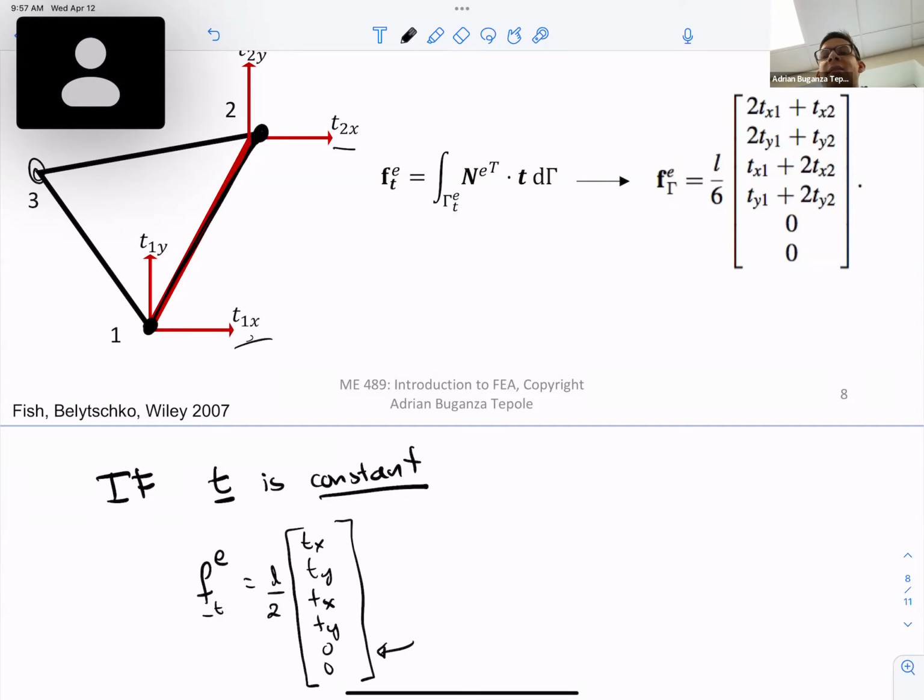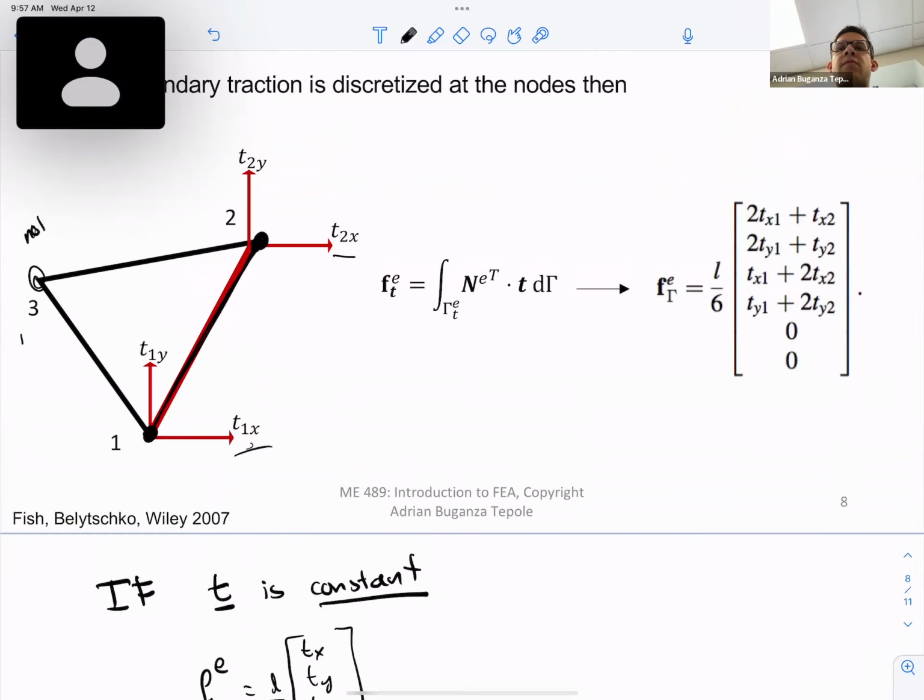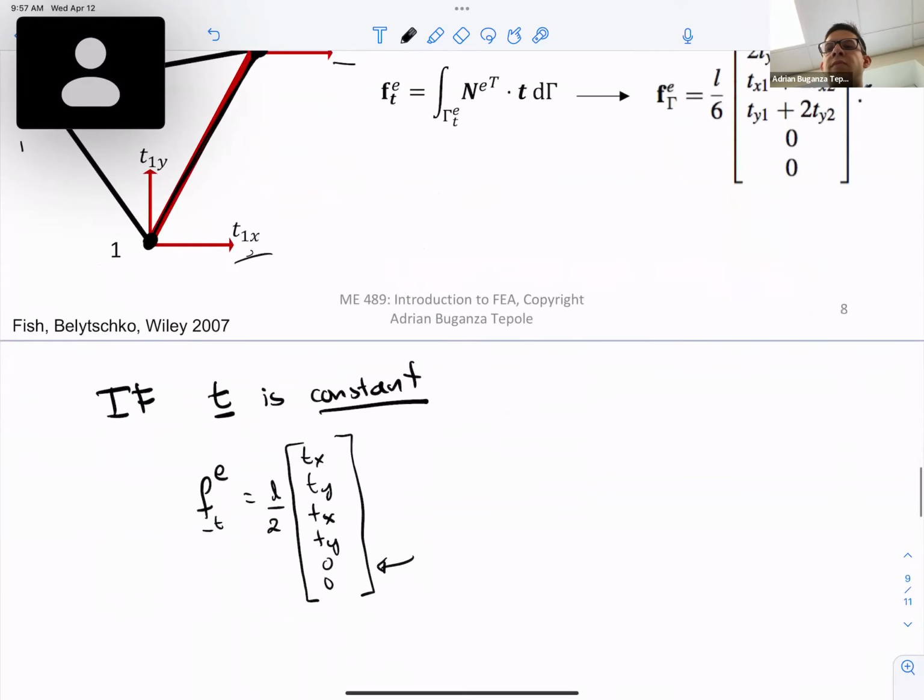So I only need to add it to the nodes that are on that edge. Questions?